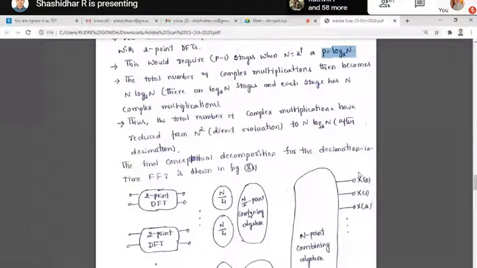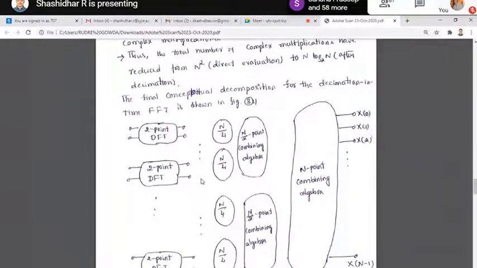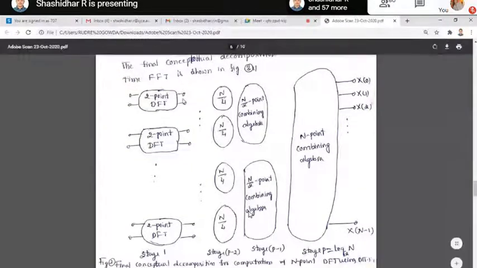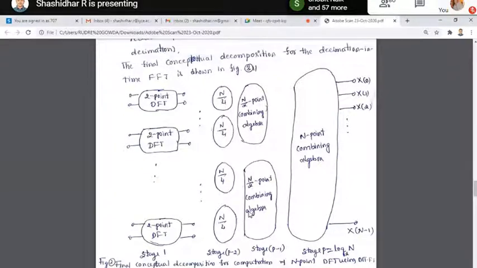Okay, and then the final conceptual decompositions for the DIT FFT. See, we are using 2-point DFTs, ending with 2-point DFTs. This is stage 1. So stage p minus 2, stage 1, N/4, N/4, N/4, N/4.